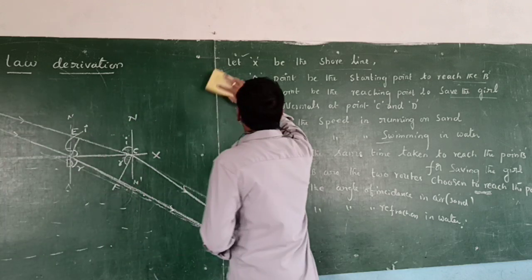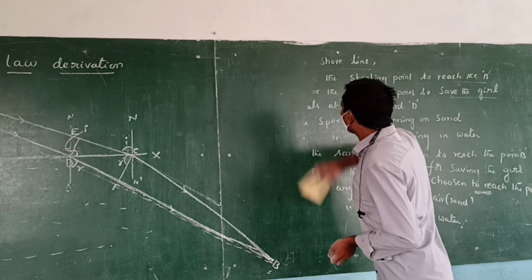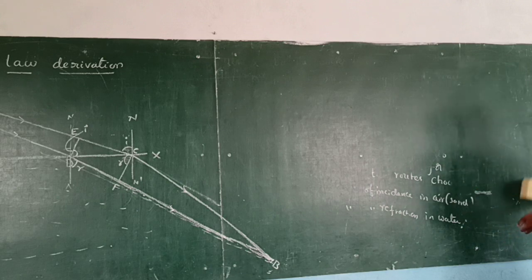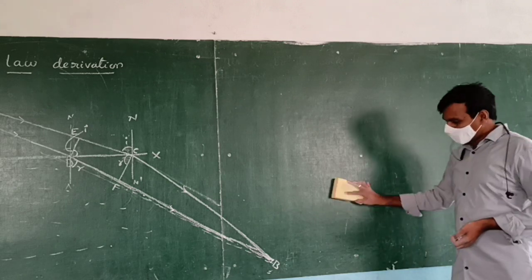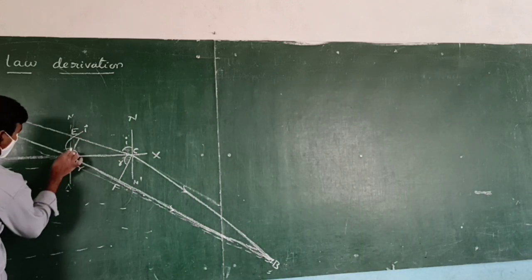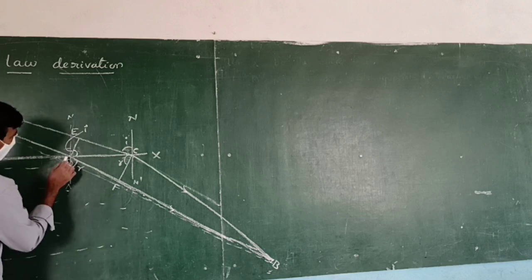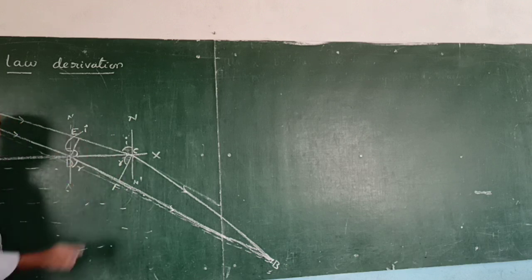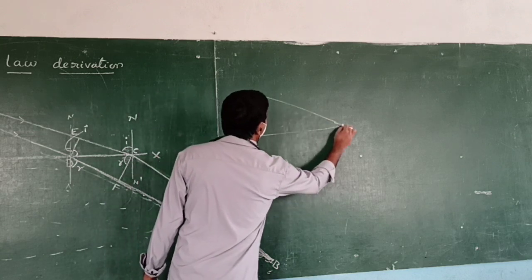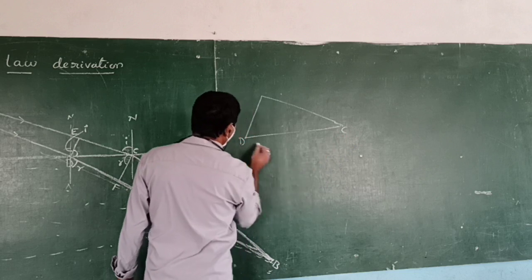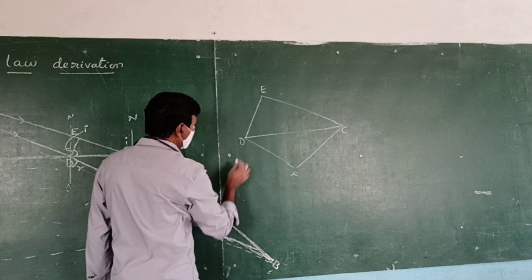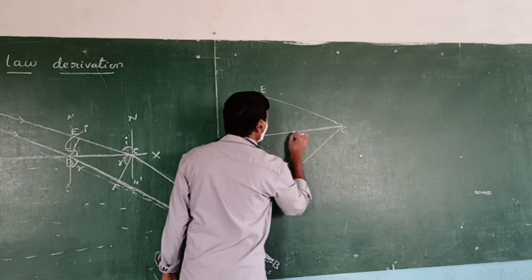Now coming to the mathematical derivation of Snell's law. See here, we construct two triangles, DEC and DFC. Observe this diagram. Here DC is the common hypotenuse.